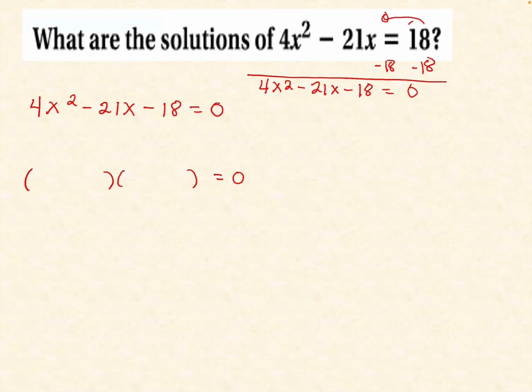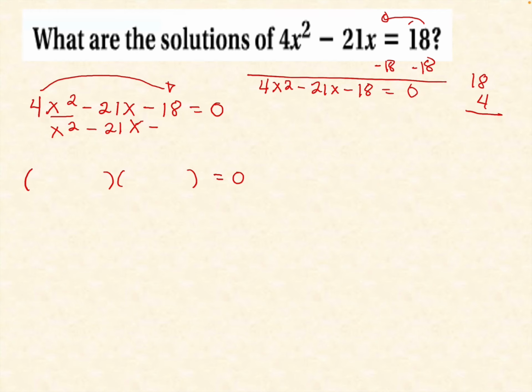First, you're going to multiply the first term by the last term. So we are now going to copy this: x squared minus 21x minus, what is 18 times 4?